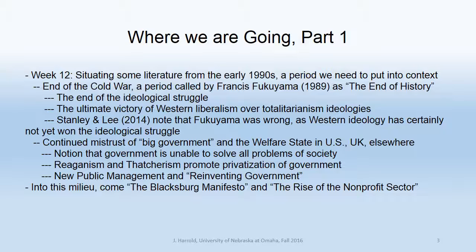There was this notion that government was unable to solve all problems of society. And it is during this period that something we read about, new public management and reinventing government, kind of came to the fore. And so into this environment come these 2 readings that I'm asking you to look at this week from the early 1990s or late 1980s, called The Blacksburg Manifesto and the Rise of the Public Sector.